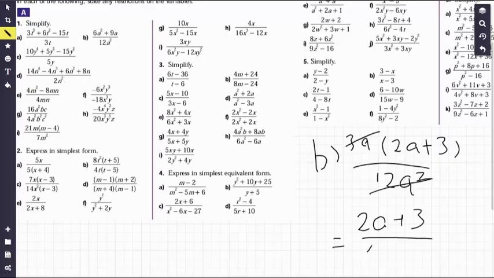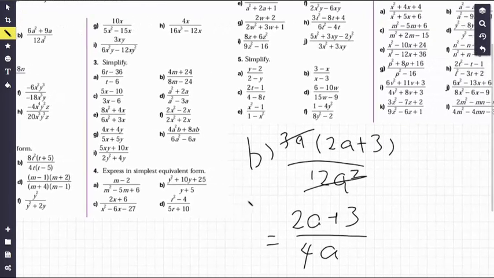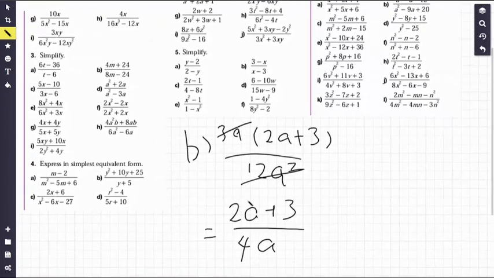That's going to be 12 divided by 3, 4, a. This was some lesson from lesson 1 or lesson 2 where we simplified simple rationals. So always keep the simple rules in mind.